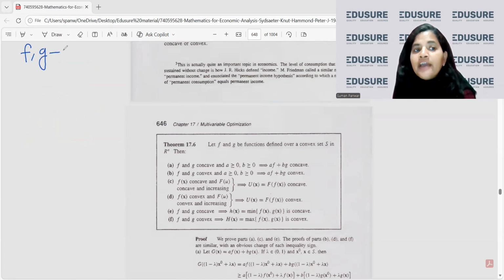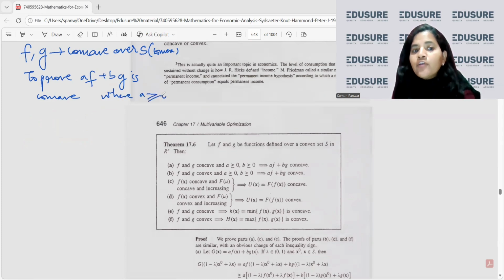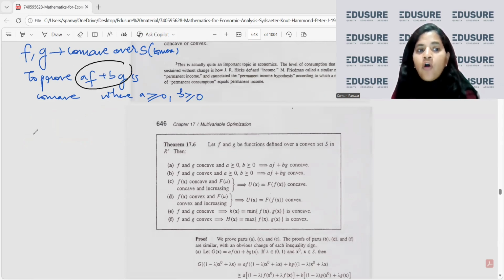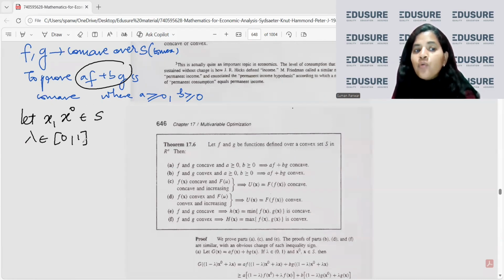Okay, so let us see how this result is obtained using the concavity of f and g. So we are assuming that f and g are two concave functions over a convex set S. So I want to prove that af plus bg is concave, where a is greater than or equal to 0, b is greater than or equal to 0. So if we look at the convex combination of two points in the domain, let us consider x and x naught in the domain, and let us take lambda in [0, 1], and let us look at their convex combination, which is (1 minus lambda)x plus lambda x naught.